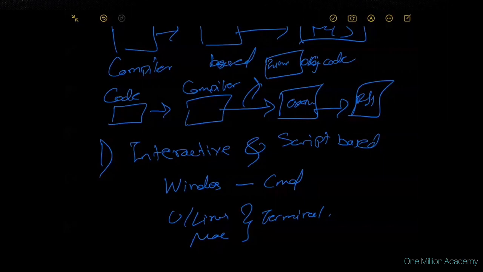Whenever we go to the command prompt and type Python, it opens a Python environment for you. It tells you that Python has been started, and now you can start working with it.